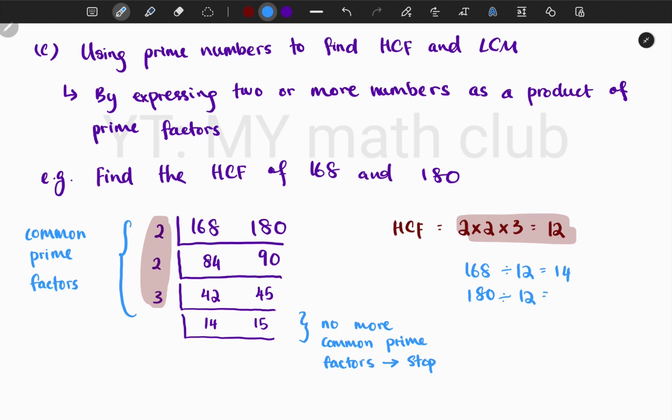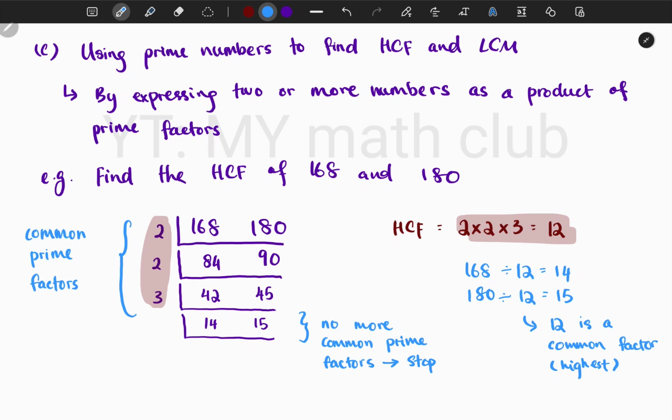If I take 180 divided by 12, it is also completely divisible and it will return me 15. So in this case, 12 is the common factor between 168 and 180, and using this method, you find that this is the highest common factor between both numbers.